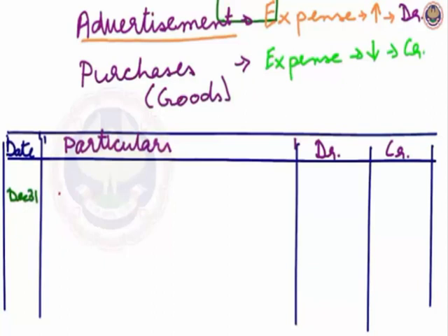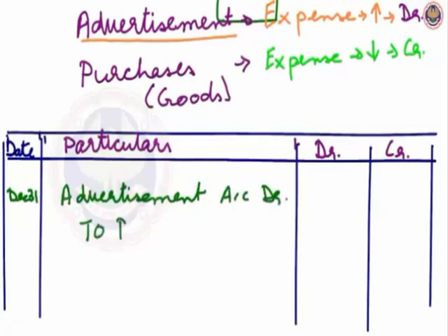December 31st, as there is increase in the expense, advertisement account debit to purchases. The amount is how much?